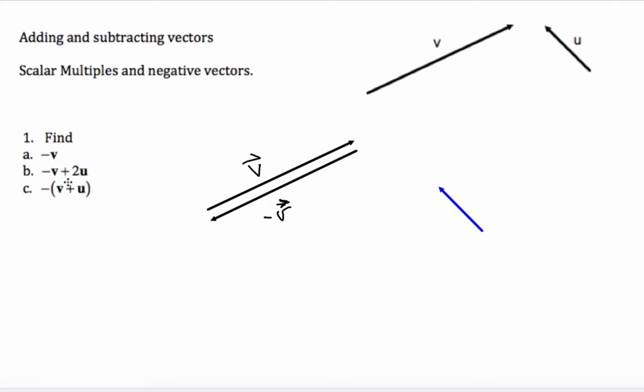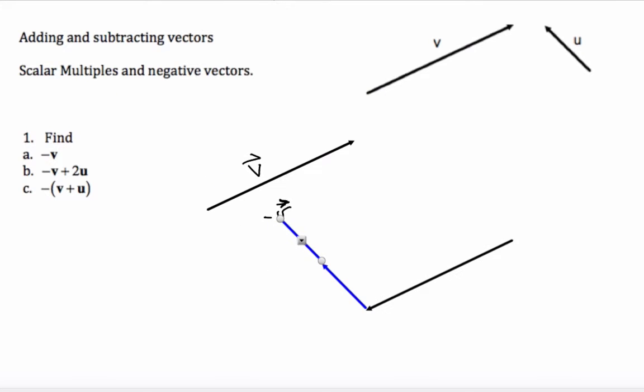If I want to add the vectors together, well, because I can move vectors around, here is negative v, and here's 1u, but I can copy and paste it, and I can add the second vector here.